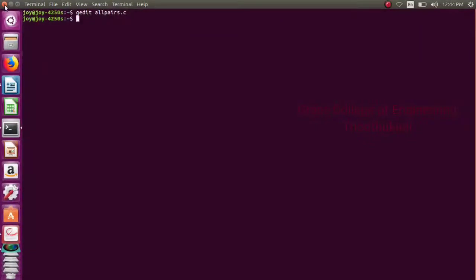Compile the program by using the command gcc -o. Then allpass is the executable file name. Then the program name allpass.c.